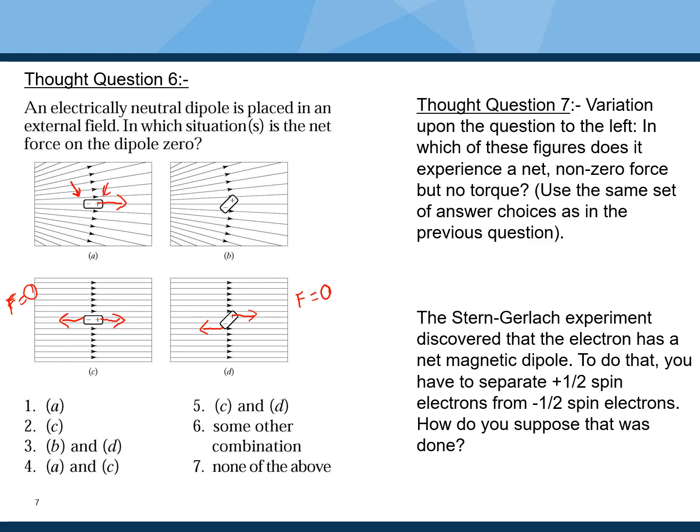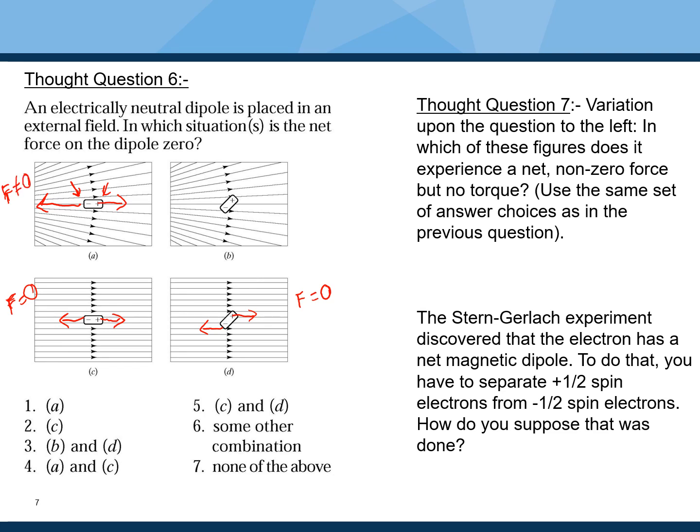However, the negative charge will feel an even stronger force. So we'll draw an even larger vector associated with the force experienced by the negative charge, and therefore in panel A, the net force is not equal to 0.